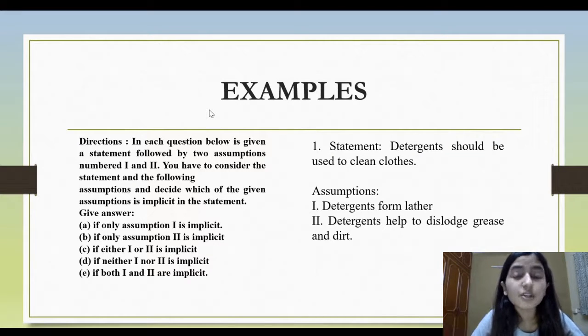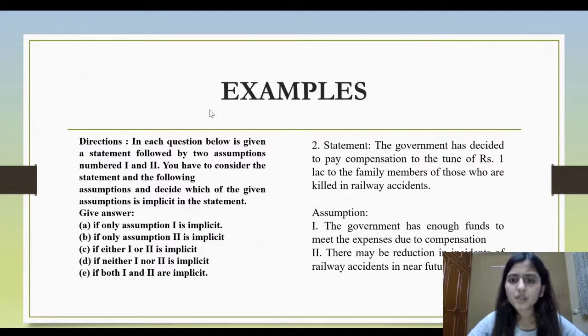Hence, we can easily and reasonably conclude over here that while assumption A is not implicit, assumption B is. And hence, the answer to this question 1 should be B. That is, only assumption 2 is implicit. I hope it's making some sense for you guys. However, even if it is not, trust me, the more questions you solve, the clearer this topic becomes. Let's move on to the next question.